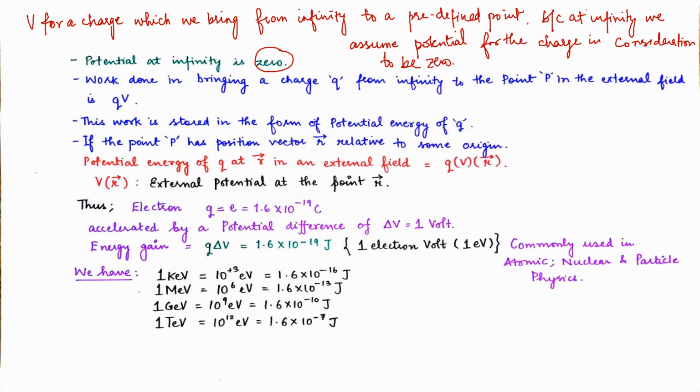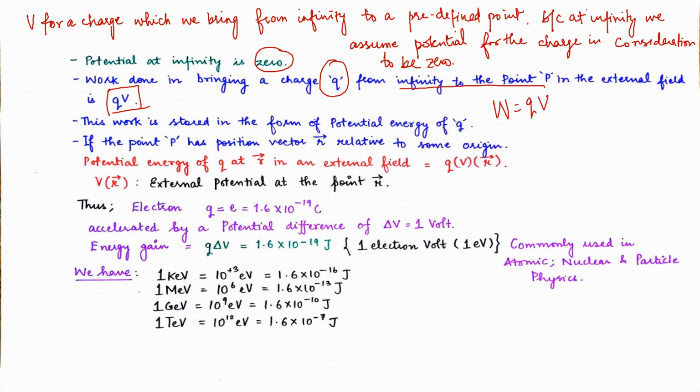That is one reason. Now, work done in bringing the charge Q from infinity to point P in the external field is given by QV. Work done equals charge into potential. We have seen in the previous class, for defining potential for a single configuration, for 3 charge configuration, for 4 charge configuration, how work done is defined.